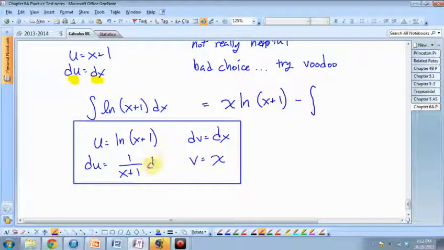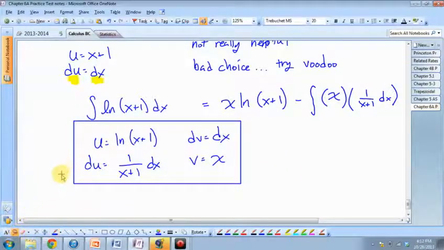Oops, I forgot the dx. So v du is x times 1 over x plus 1 dx. Which doesn't look any easier, does it? Not particularly.